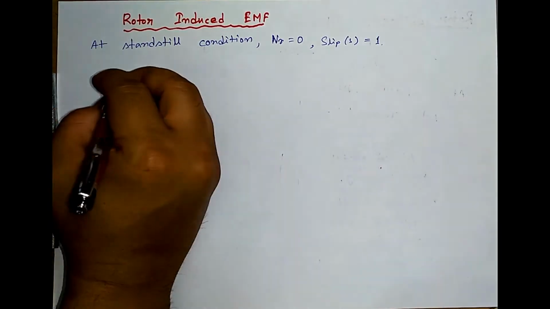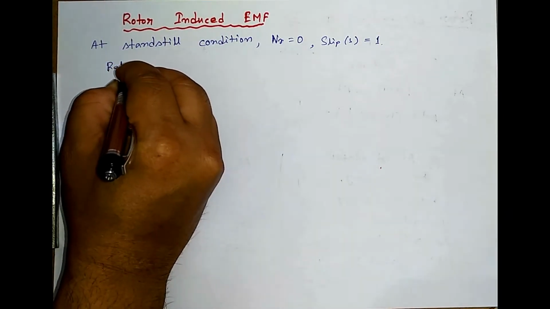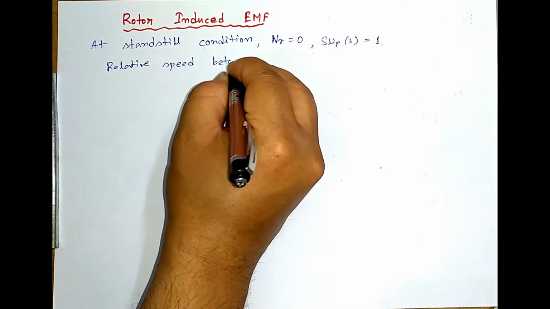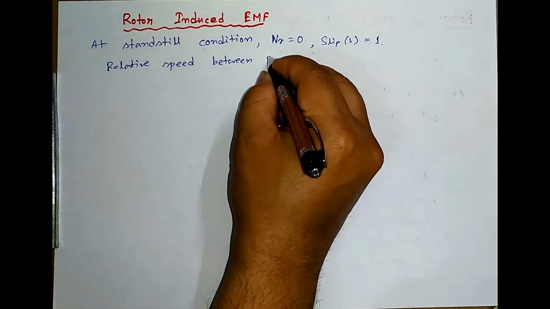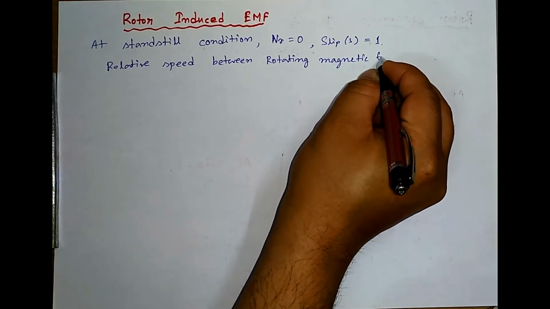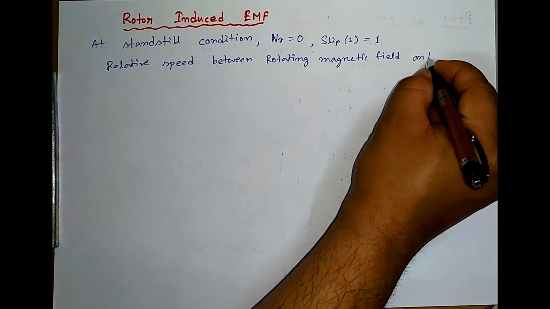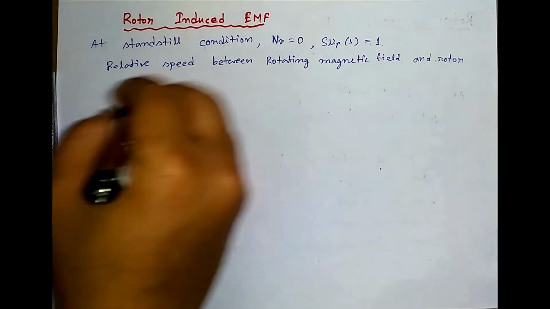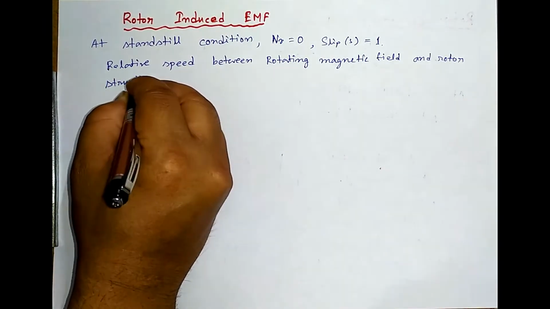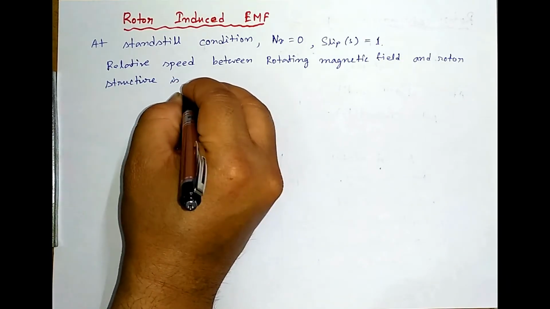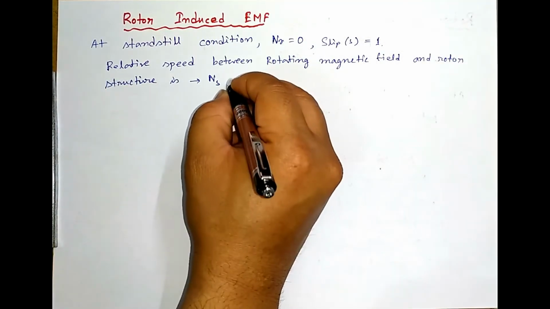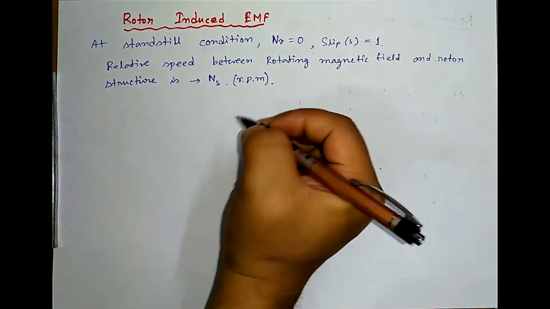At that instant, the relative speed between the rotating magnetic field and the rotor structure is Ns, the maximum speed in revolutions per minute.